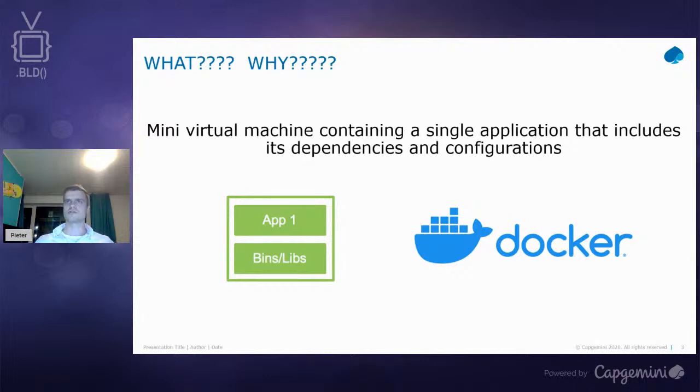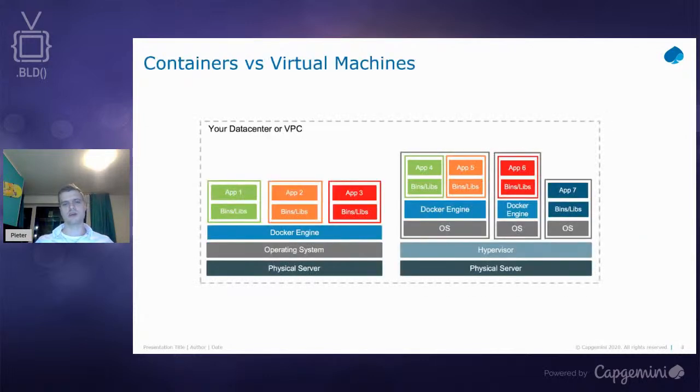In comparison to virtual machines, with a virtual machine you have to package the entire operating system and all your configuration of the operating system with it. But with a container, you can package your application only with the runtime stack it requires.